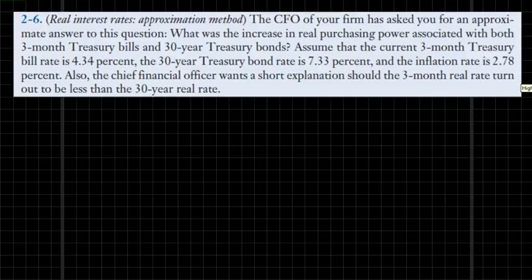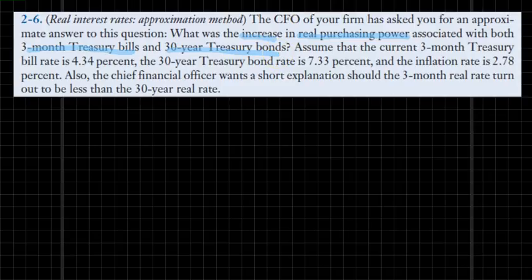The CFO of our company has asked for an approximate answer to the following question. Accordingly, the CFO would like to learn the increase in real purchasing power associated with both 3-month treasury bills and the 30-year treasury bonds.